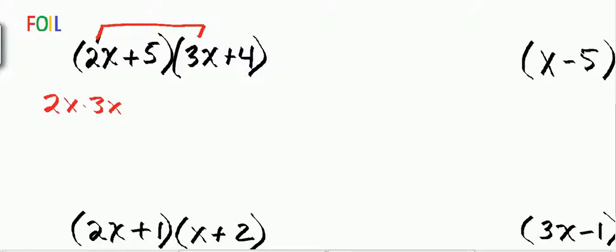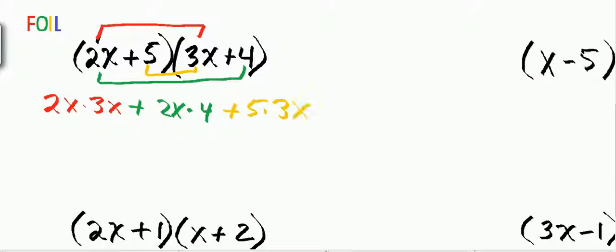My outside terms, which are 2x and 4, so 2x times 4. My inside terms are 5 and 3x, so 5 times 3x. And my last terms are 5 and 4 in these two polynomials.